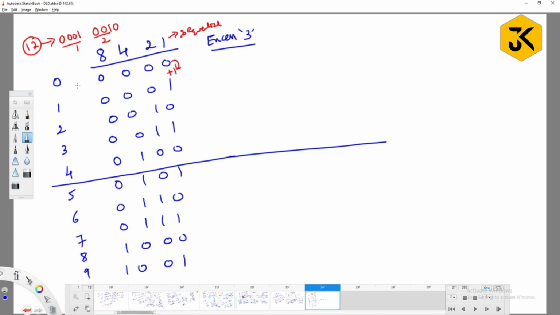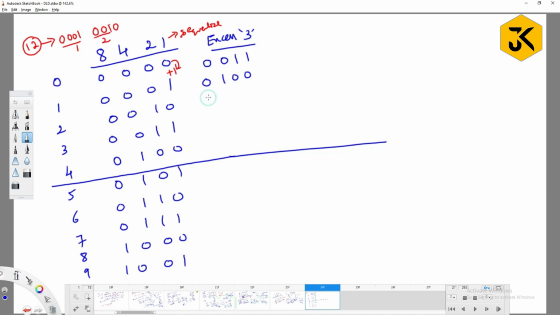If you would like to store 0 in the system, what are you going to store? We simply add +3. 0 means 0011 in the Excess-3 system. What about 1? 0100. Now understood, right?